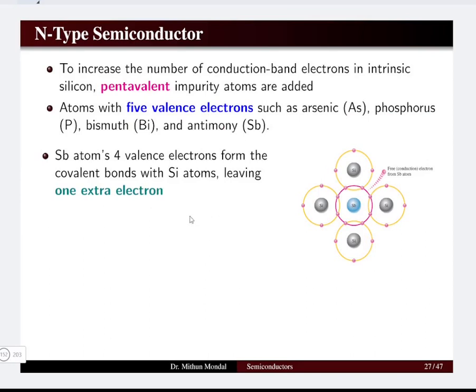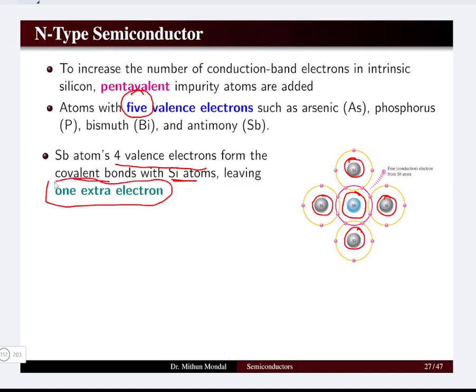So what happens with these 5 valence electrons in the intrinsic silicon? We can see here that there is one antimony atom surrounded by 4 silicon atoms. The 4 valence electrons of the antimony atom form covalent bonds with the 4 silicon atoms, and 1 extra electron is left over.